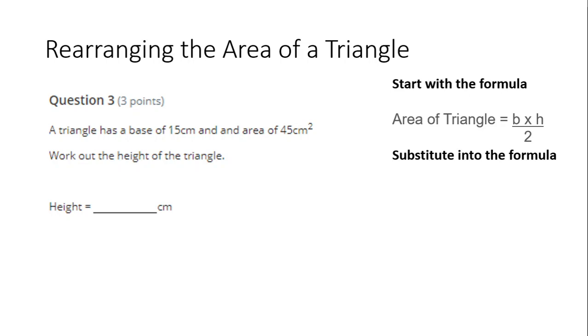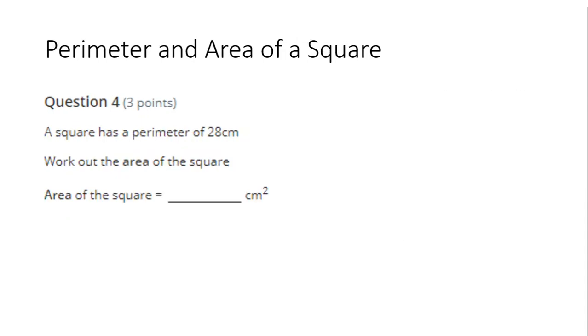So 45 is equal to the base, which we're told is 15, times the height, which I don't know, so I'll leave that as an h, divided by 2. To find out what that h is, I need to get it on its own. It's being multiplied by 15 and divided by 2, so I'll start by multiplying by the 2 and dividing by the 15. That'll be 90 over 15, which is 6. The height is 6 centimeters.